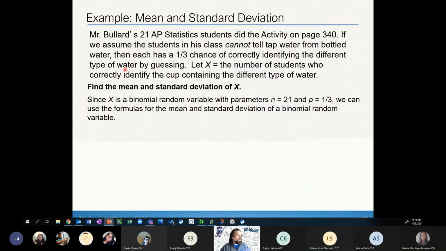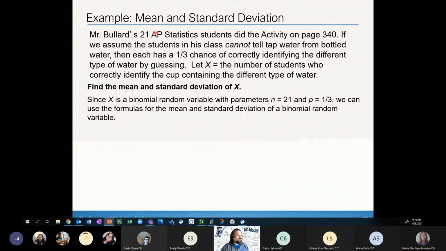So here we could check that this passes our BINS test. It's binary: they either guess right or they guess wrong. It is independent: one kid guessing right has no impact on the next kid guessing right, as long as the experiment's set up properly.